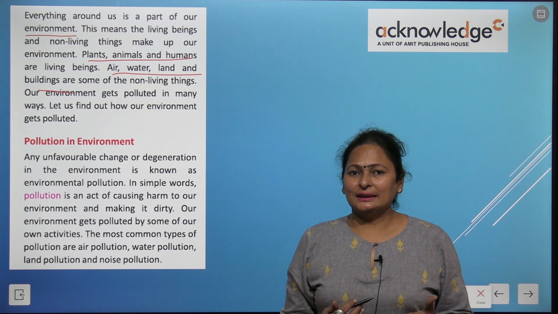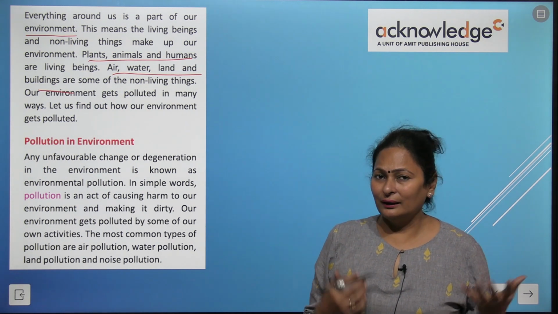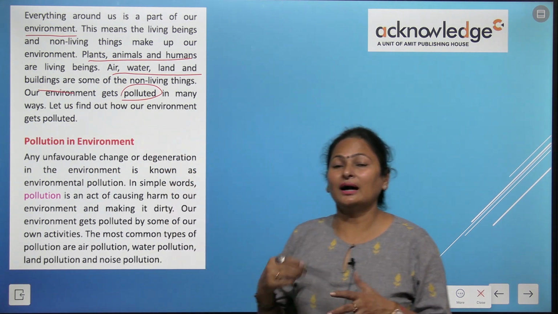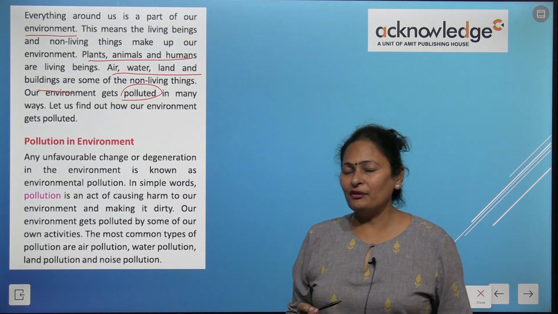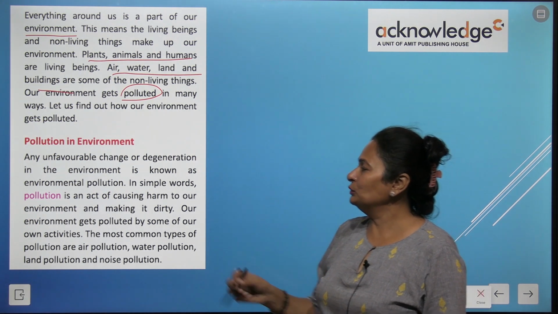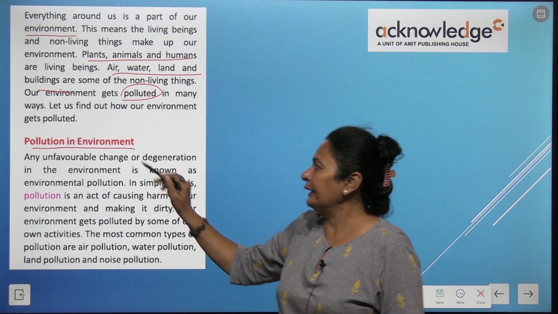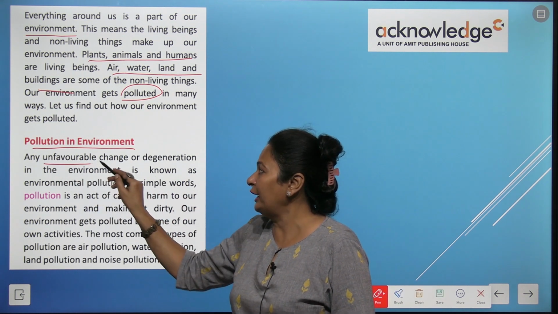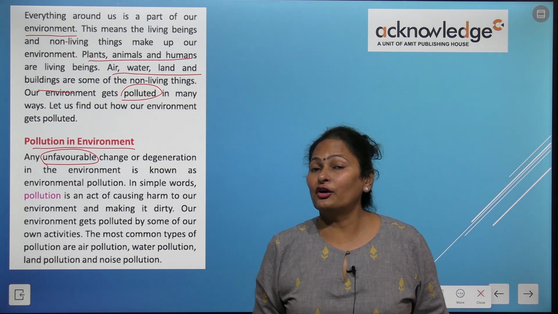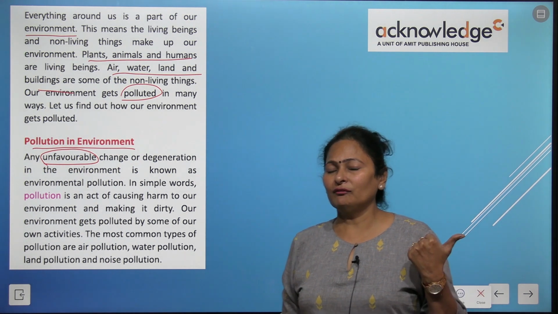But what happens, kids? We pollute our environment in different ways. What is pollution? Let's see. Pollution is any unfavorable change. Unfavorable change means it is not good for us. It is not good for the environment.